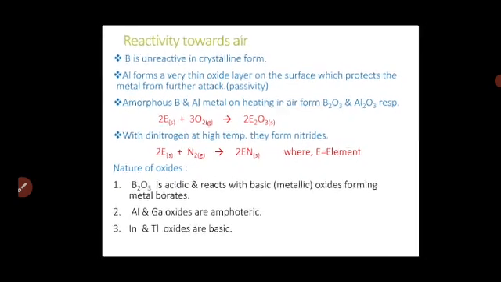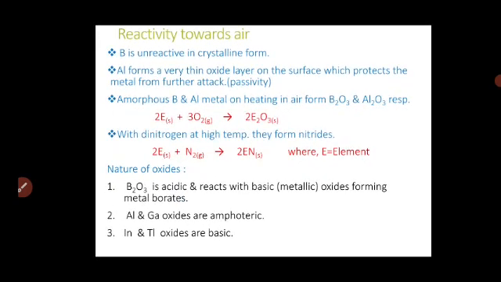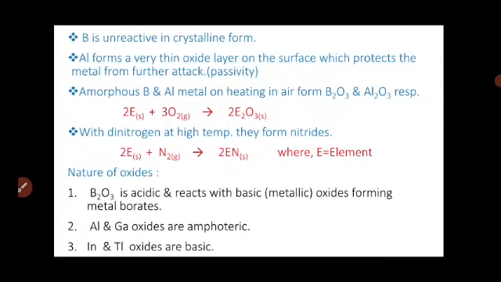Then aluminium forms a thin oxide layer on the surface which protects the metal from further attack, means aluminium also does not react directly. It forms an oxide, means oxidation takes place, and this is how one protective layer is formed on the surface which does not allow further attack of oxygen or nitrogen.